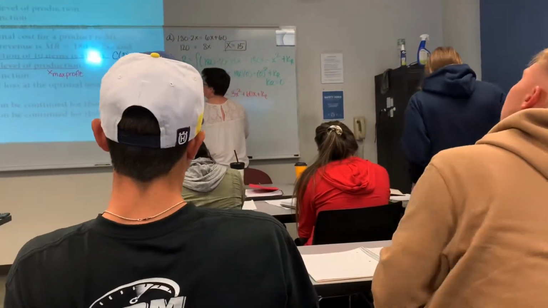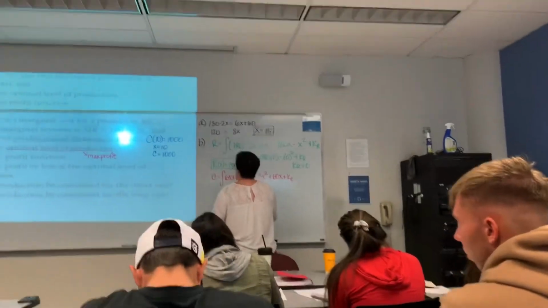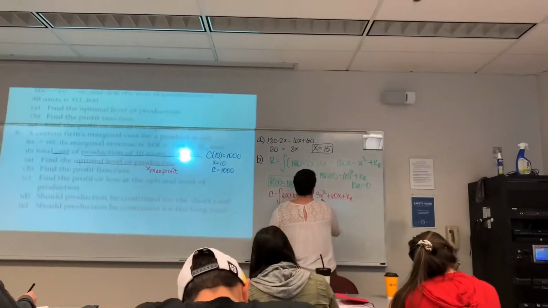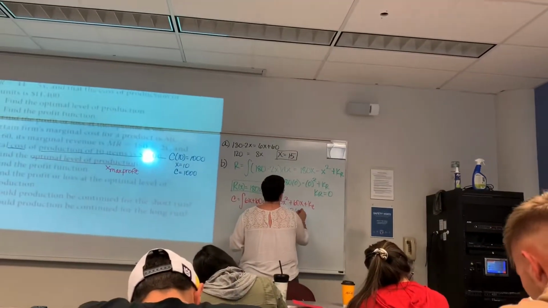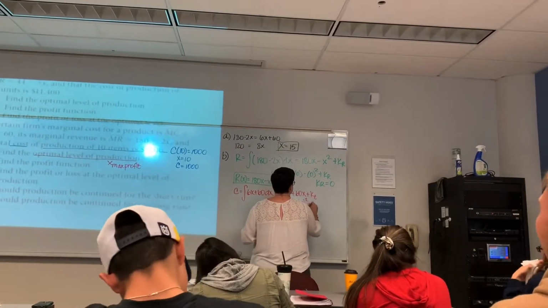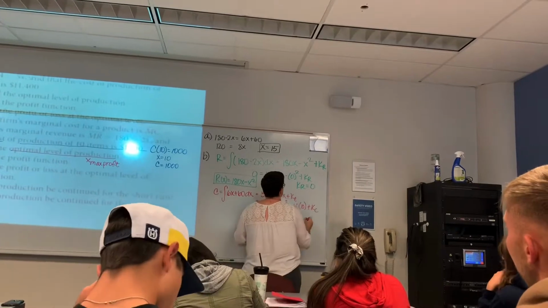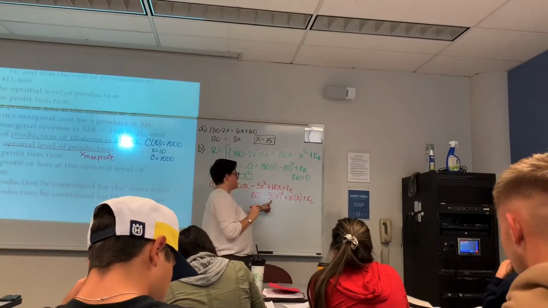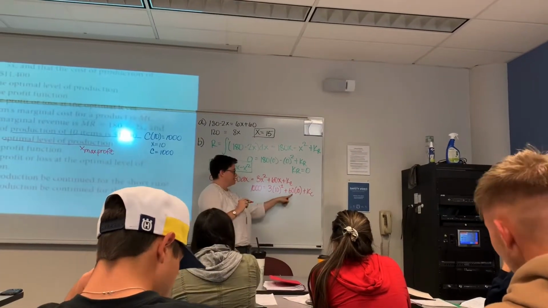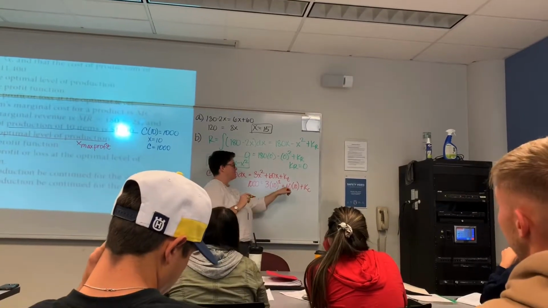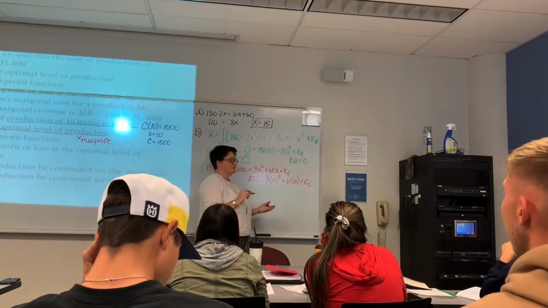So now I'm going to use my cost nugget. I almost said revenue nugget. I'm going to plug in 1,000 for cost, and I'm going to plug in 10 for x. So 10 squared is 100 times 3 is 300. 60 times 10 is 600. 300 plus 600 is 900.